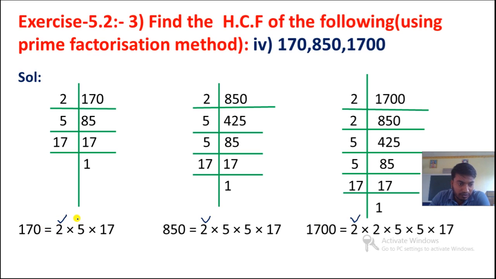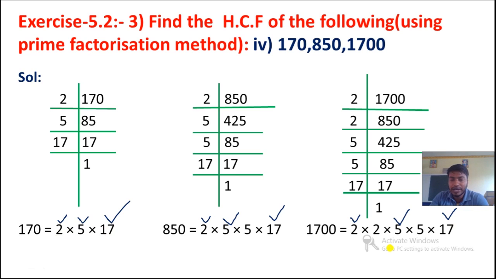Then we have 5, present here and here also. Then 17 is present here and here also. So we got the common 2 into 5 into 17. 2, 5 and 17 are common in all.